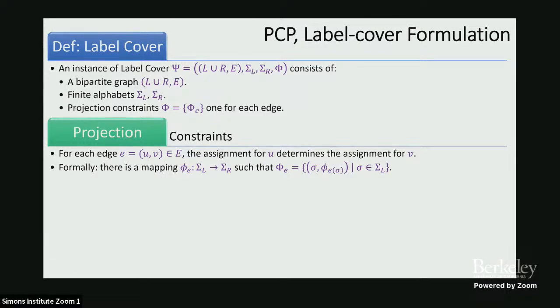Or in other words, there is a mapping between the alphabet of the left side and the alphabet of the right side, so that if I assign the left guy the value sigma, then the right guy must get the value phi e of sigma in order for the edge to be satisfied. So this is what a label cover instance is.